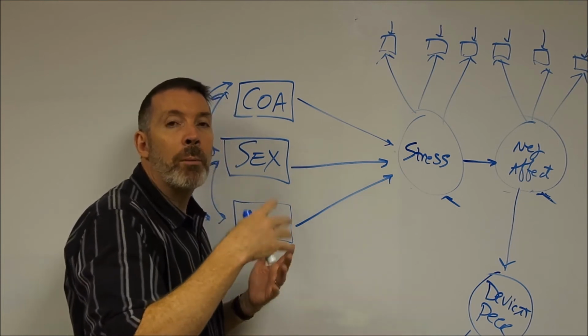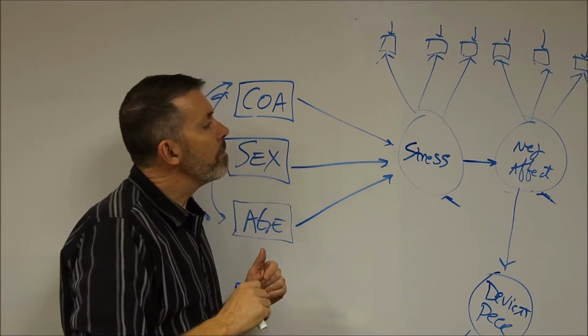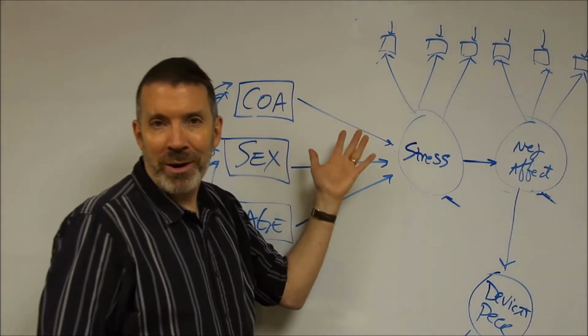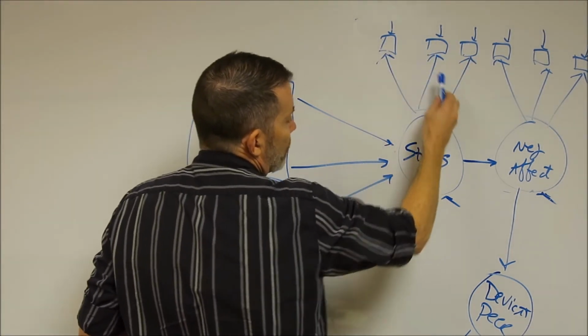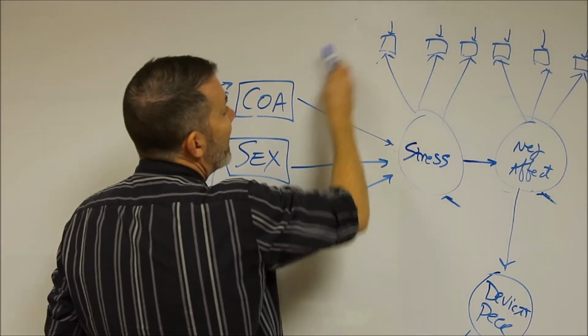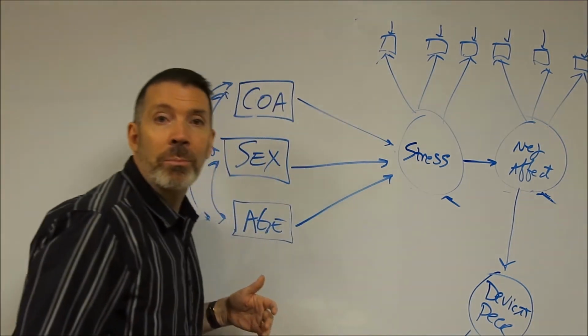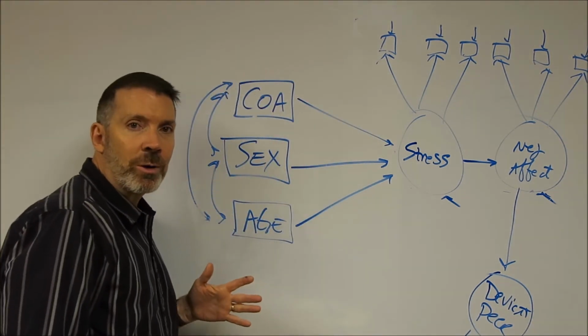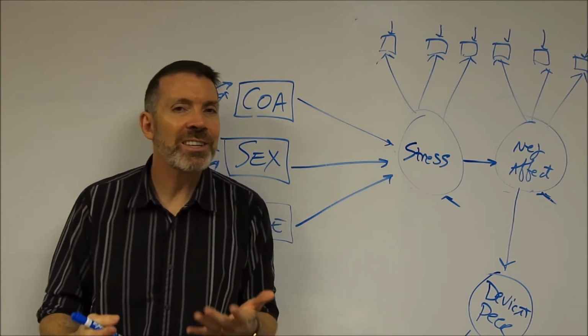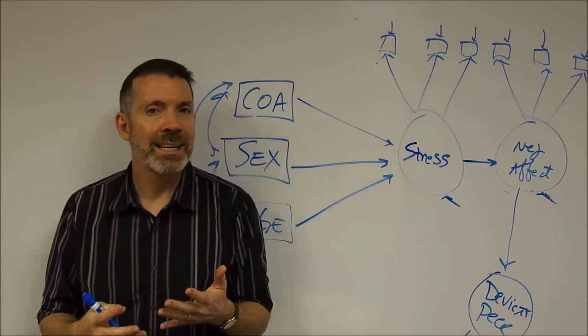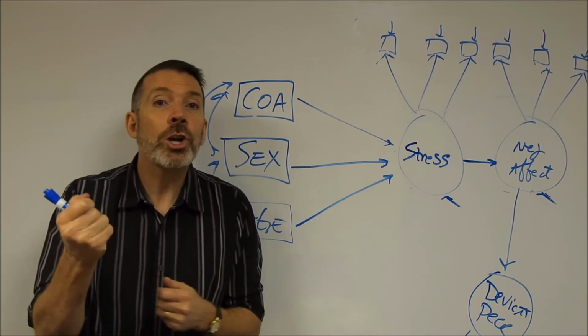So if we have a model chi-square or fit indices, here, look at all the parameters that are fixed to 0. These 3 items are allowed to load on stress, but every other possible parameter is fixed to 0. And so it's an increasingly challenging test of our hypotheses, but that's a good thing, right?